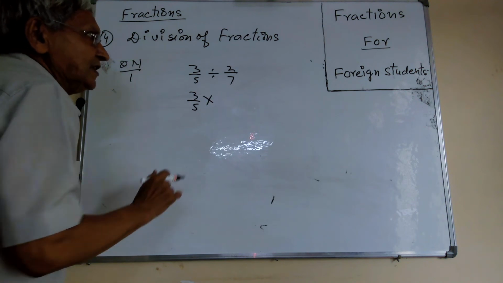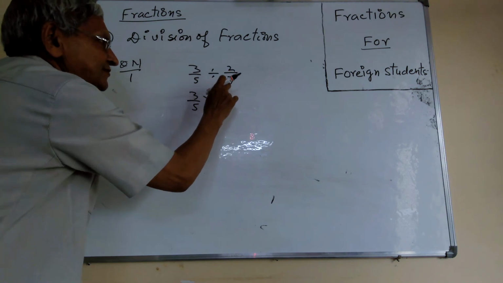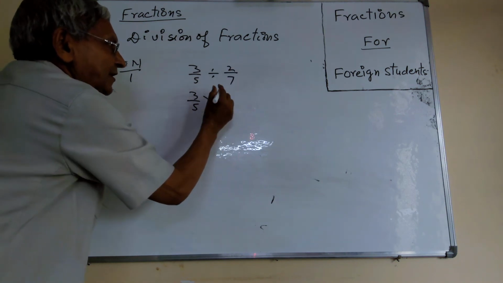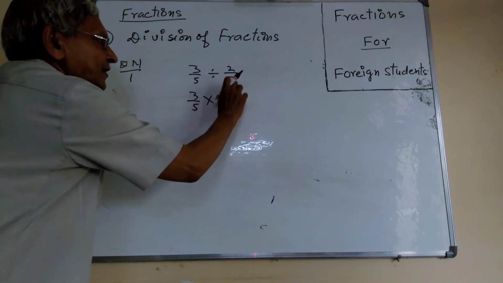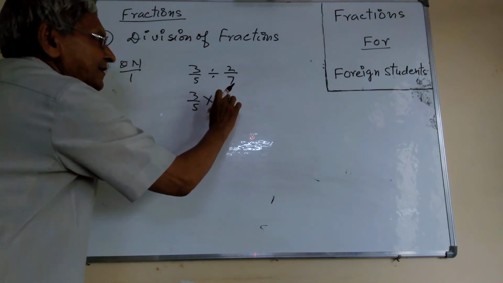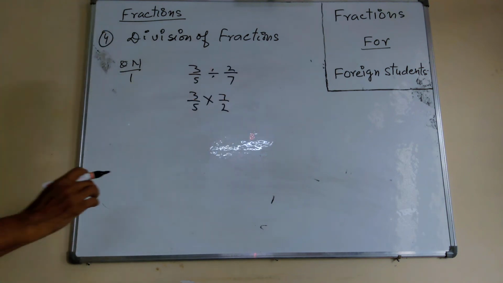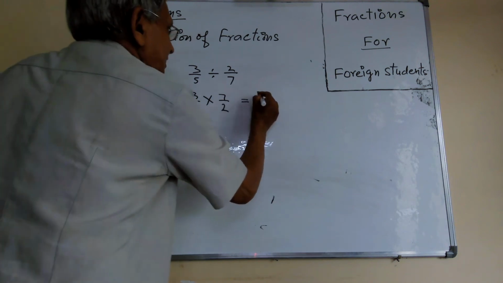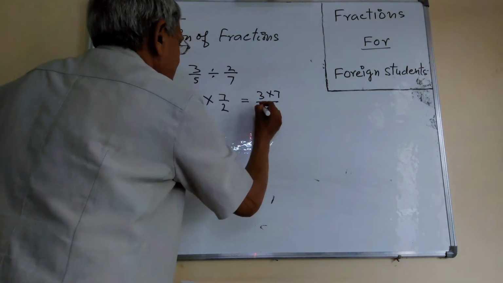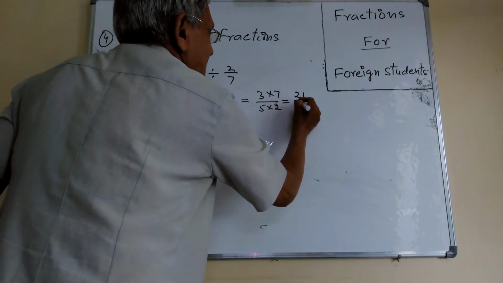It means you have to change numerator as a denominator and denominator as numerator. Here, this is the denominator, it becomes numerator, and this is numerator, it becomes denominator. So now you can multiply 3 into 7 upon 5 into 2, 21 upon 10.